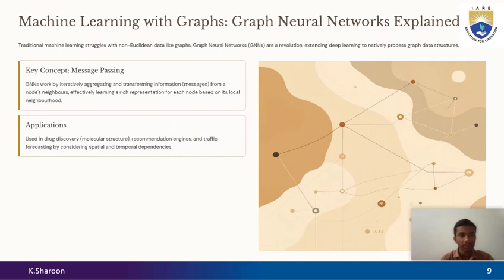GNNs work by iteratively aggregating and transforming information messages from a node's neighbors, effectively learning a rich representation for each node based on its local neighborhood. Applications: it is used in drug discovery, molecular research, recommendation engines, and traffic forecasting by considering spatial and temporal dependencies.